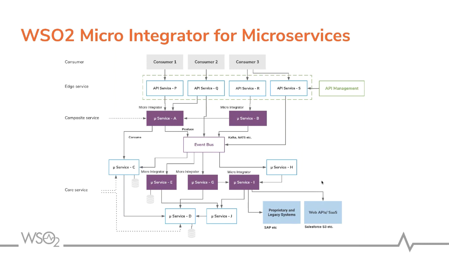Also, these microservices will be developed within teams, and they could still be using multiple protocols. Whenever there are multiple protocols, the integration problem still exists, and there comes the role of the micro integrator. Also, we can expose these services as composite services. That is the other aspect of the micro integrator in the world of microservices.